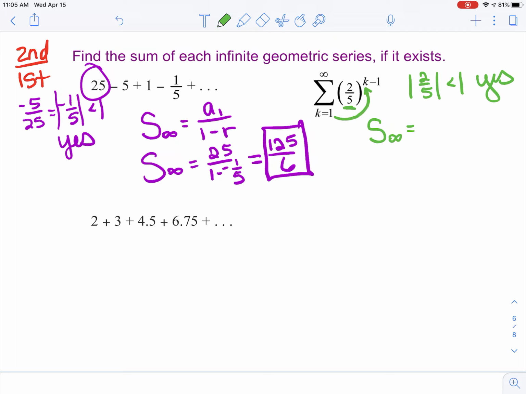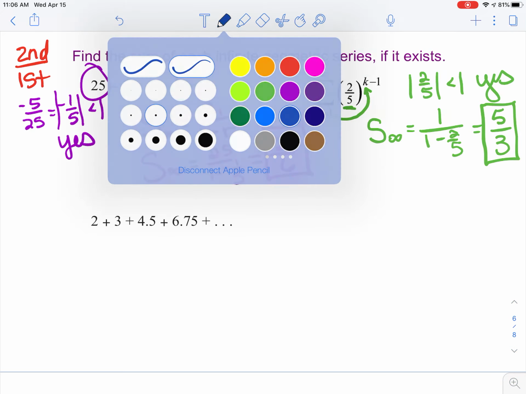How can I get my first term? Well, I can plug that 1 in. What's 1 minus 1? 0. Anything to the 0 power is 1, over 1 minus 2/5. And if you put that in your calculator, you're going to get the answer 5/3.